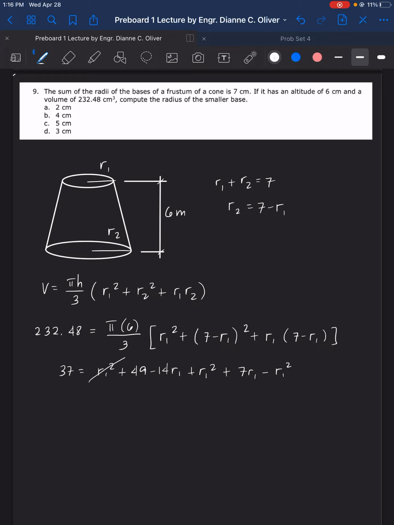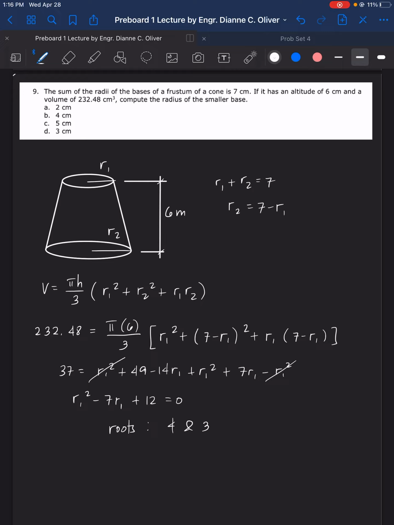So cancel R1 squared here. So R1 squared minus 7 R1 plus 12 is equal to 0. The roots of this equation are 4 and 3.